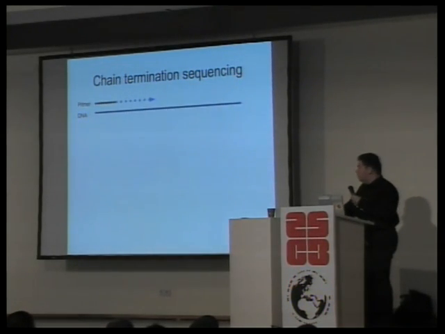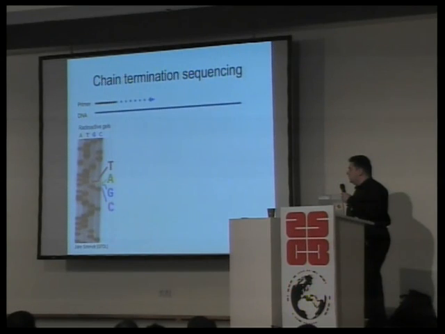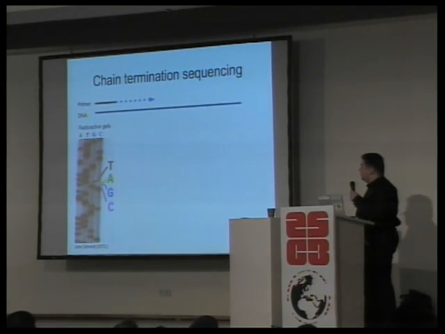And you have to record this somehow. And in the beginning, it was done with radioactive atoms that were incorporated in the bases that were added, which, having worked with radioactive gels, I can tell you it's a pain. Everything's slightly radioactive after the experiment, so you have to wait like 2-3 days for everything to cool down before you can continue to work.